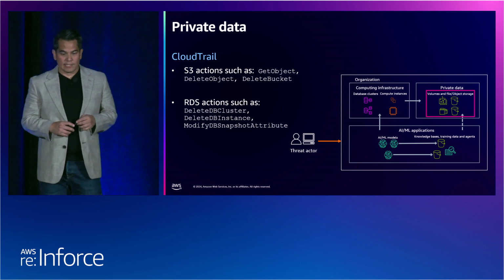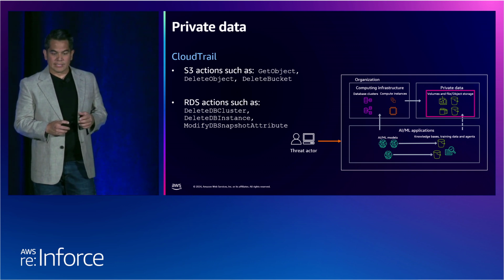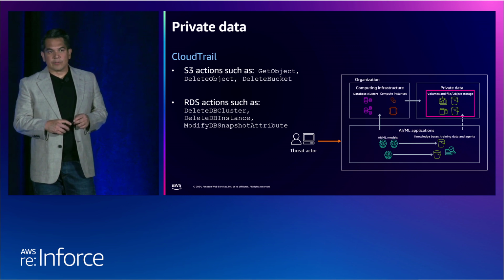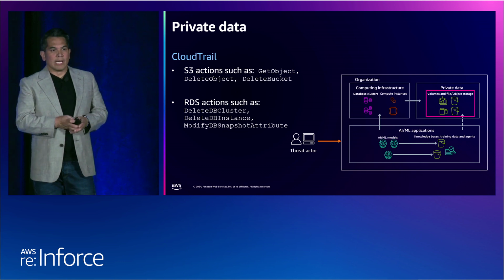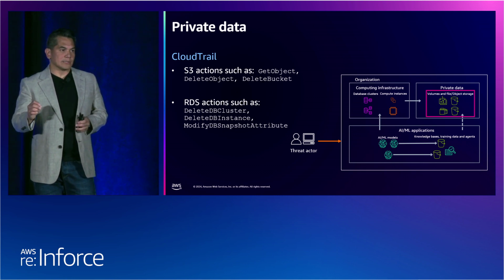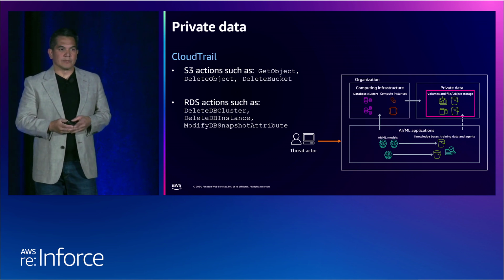You'd also see RDS actions such as delete DB cluster, delete DB instance, and we've often seen modify DB snapshot attribute. That API call allows a threat actor to modify a snapshot so that it's available to the whole world or to their specific account.